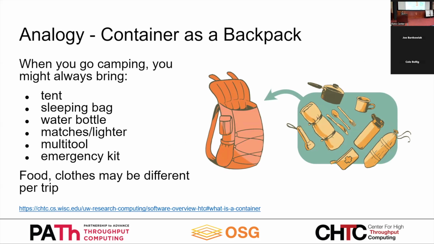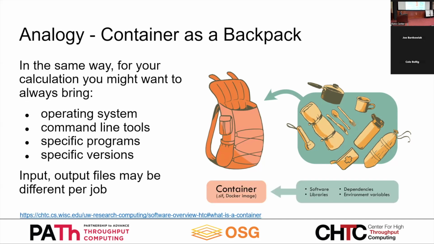that's your container. Other things that you put in your backpack might be different depending on where you're going. If you're camping in California, that set is going to be much different than when you are backpacking in Canada or Banff or something, right? In the same way, we want to think of our container as a backpack where you have your operating system, the command line tools that you use, any programs that you need, or environment variables.